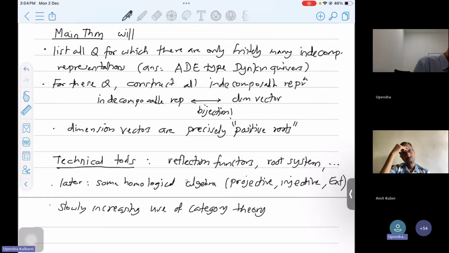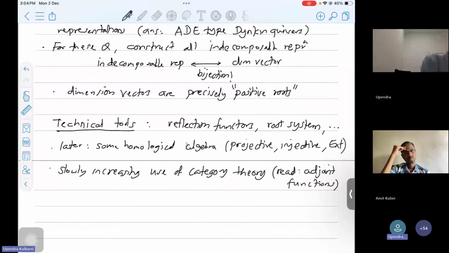So for example, it was stated that you should know something about categories and functors. So here is a first exercise. If you don't know what adjoint functors are, then you should read what adjoint functors are. Not absolutely necessary, but it's a very useful thing.